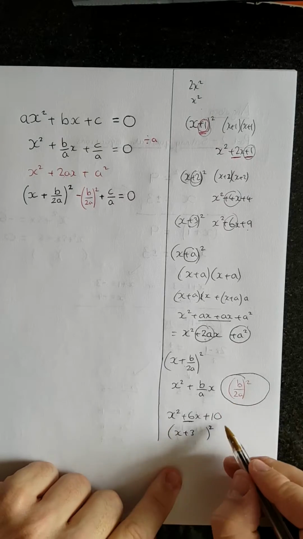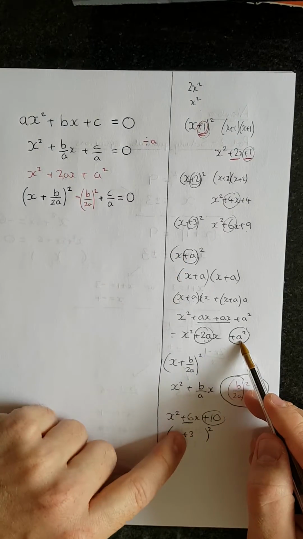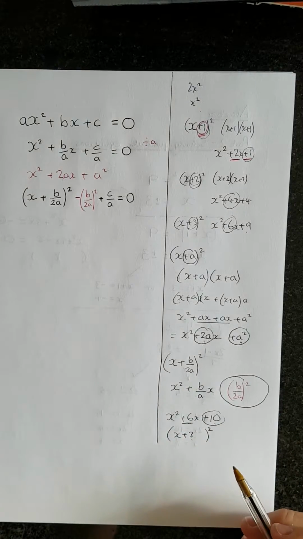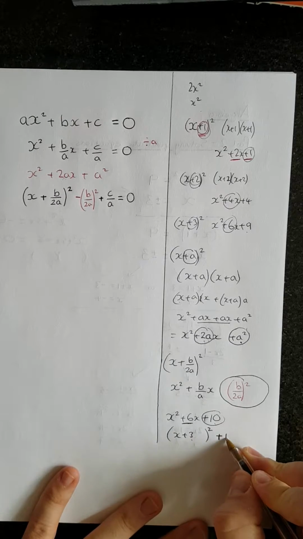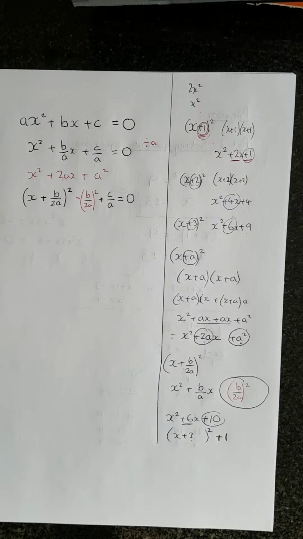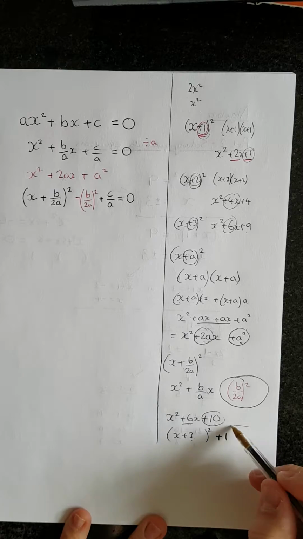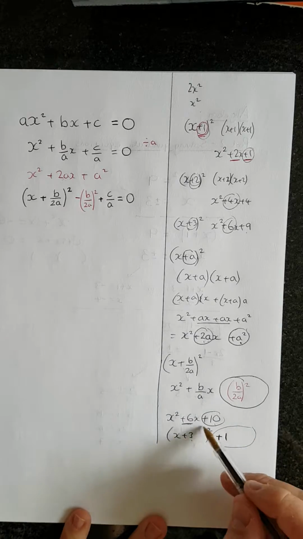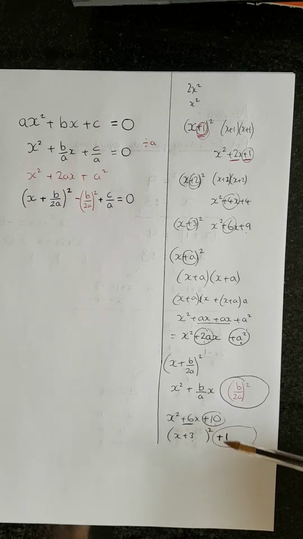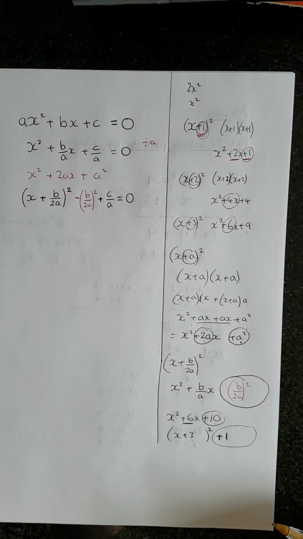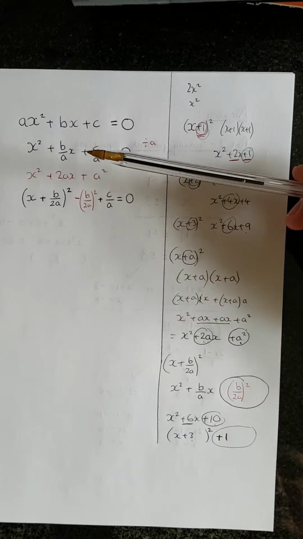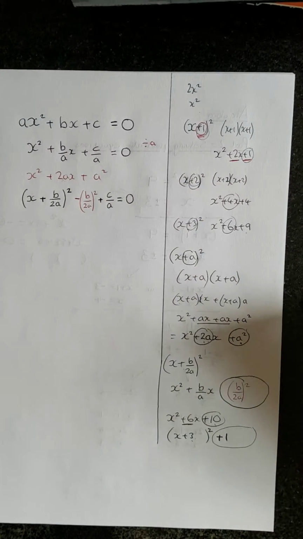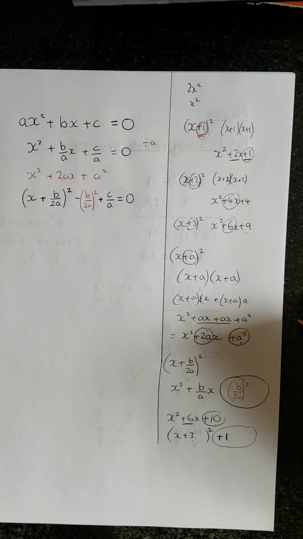But hang on, the last number is supposed to be the thing squared and it's not. Well, 3 squared is 9, I want 10. So in this case I put just a +1 on the end. So what goes outside the bracket here has to make this expansion fit this. And here, of course, because we had a more complicated bit of algebra, that proved quite tricky. Well done if you're keeping up so far. This is not an easy video.